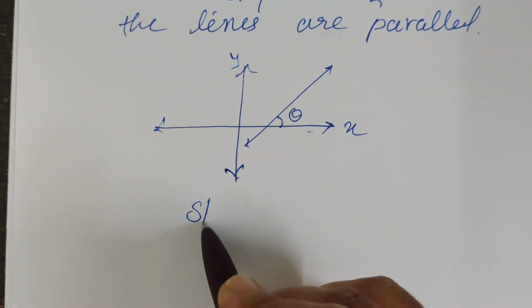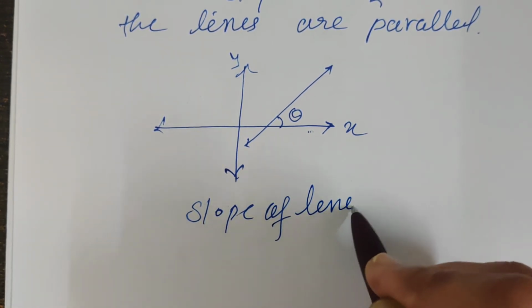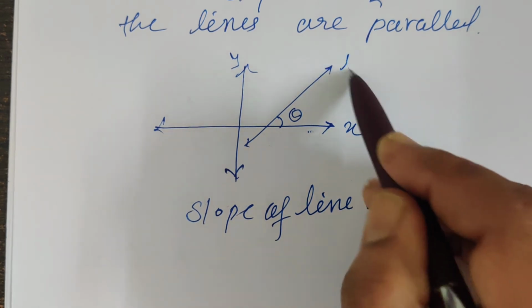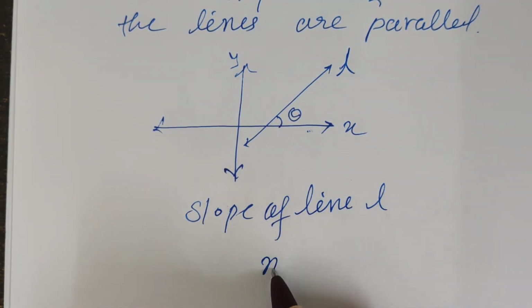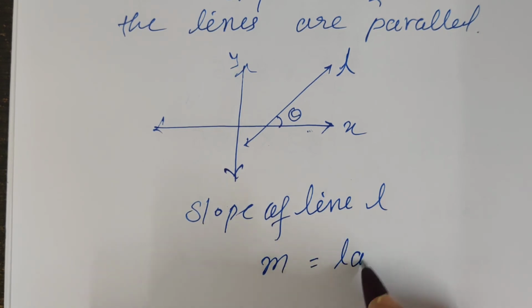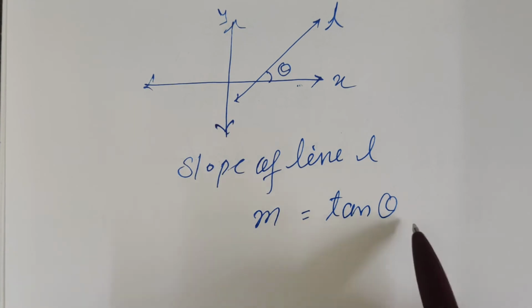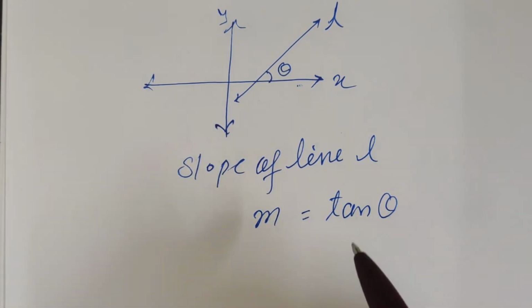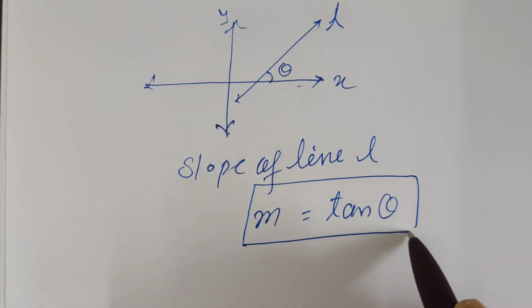So slope of line L, that is M, is equal to tan theta, or tan theta is equal to slope. This is one important point related to the slope.